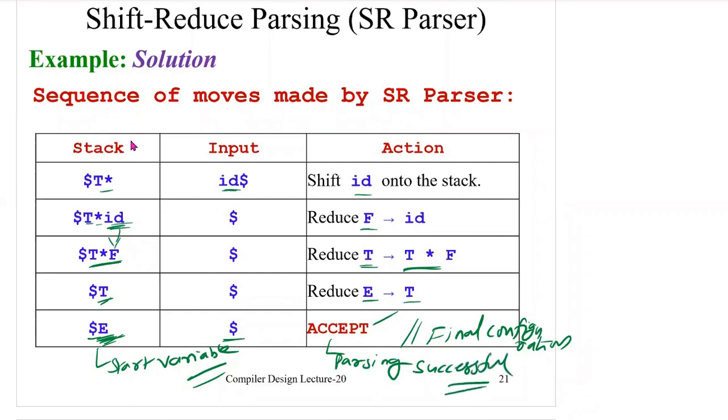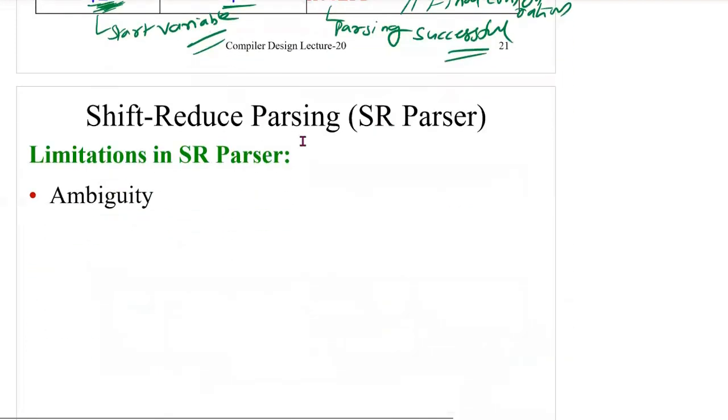Whenever this final configuration is reached, the parser announces successful completion of parsing. So the shift reduce parser is successful for the given input string id + id * id. This is the working of the shift reduce parser, that means the sequence of moves made by it.